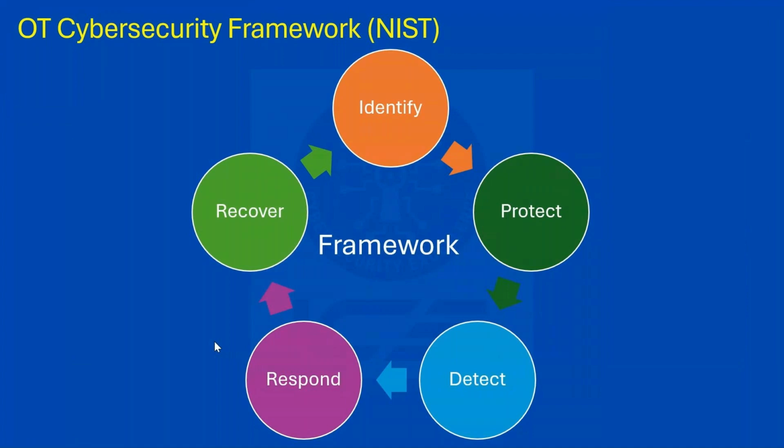When it comes to NIST, that is another standard framework, which says to identify, protect, detect, respond, and recover. This is another framework, NIST 800-82. Likewise, IEC 62443 is another.